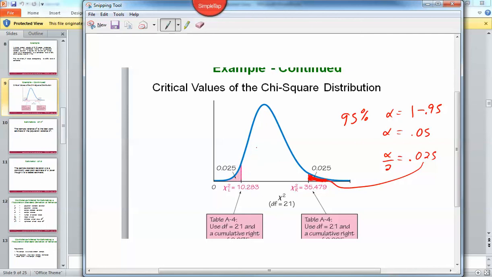The area to the right is 1 minus 0.025 or 0.975. So I'm going to have to use the area of 0.975 in the table to get this left chi-square critical value. And you always have to do that for the left. You're always going to have to say 1 minus whatever we use to get the right one.